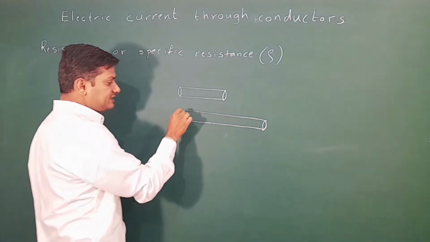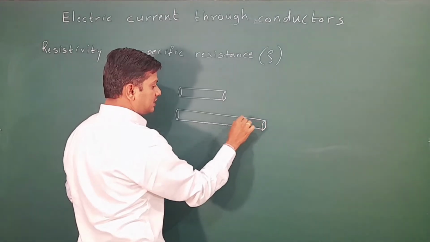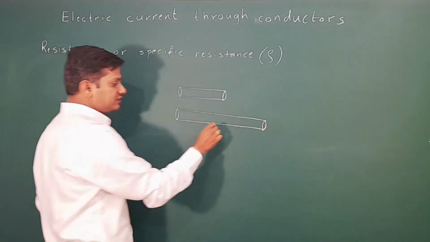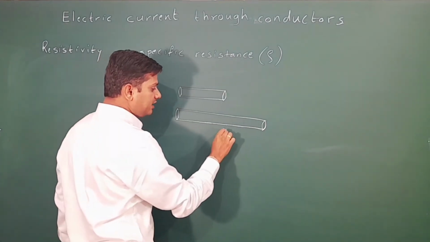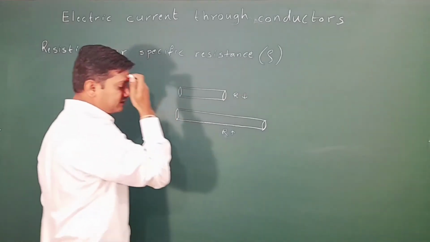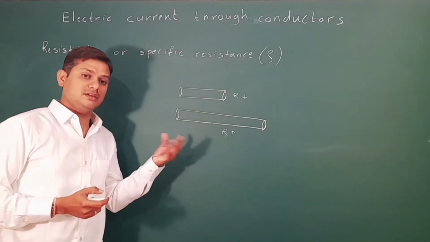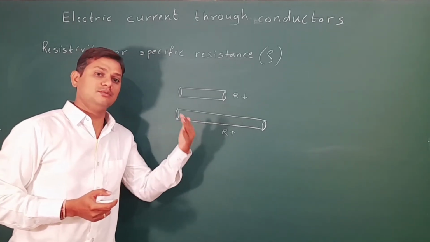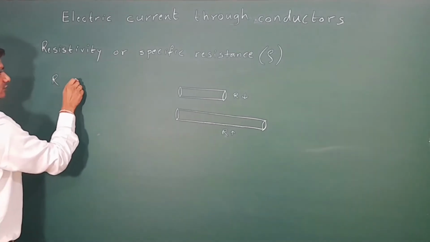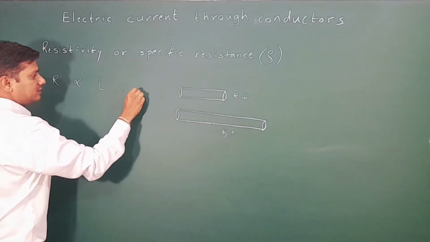That means in its path, there are more number of atoms to cross. Hence, obviously, this wire will have higher resistance, and this wire will have lesser resistance. So we can conclude that the resistance of a wire depends on its length. More the length, more the resistance. So we can say that the resistance of a given wire is directly proportional to its length.